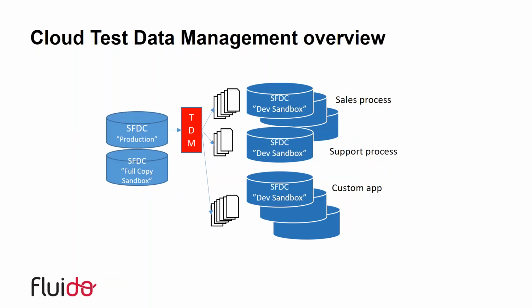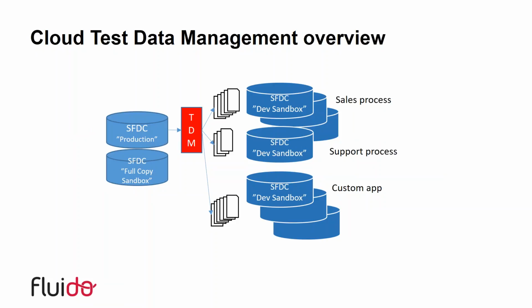So, first of all, let's go through our setup of environments. I have one production-like demo environment. On the left-hand side, the Salesforce production org. And then I have a separate newly refreshed sandbox, this dev sandbox.